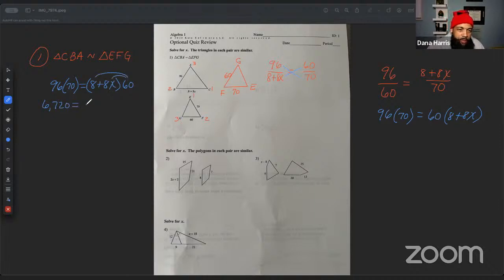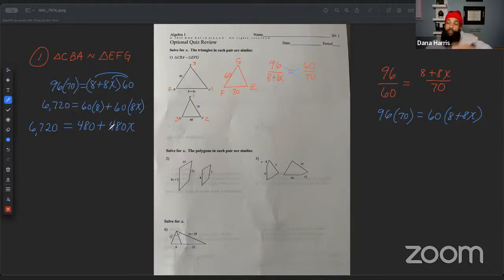So I say 60 times 8 plus 60 times 8x. We could also write that as 8 times 60 plus 8x times 60 because of the commutative property. So on the left side, I still have the 6,720, and that's going to be equal to 60 times 8, which is 480, and then here I have 480x.